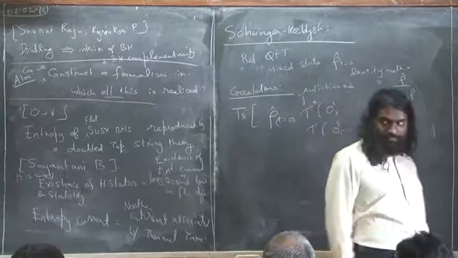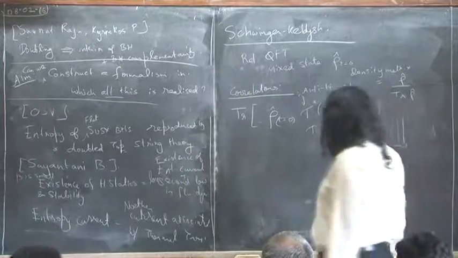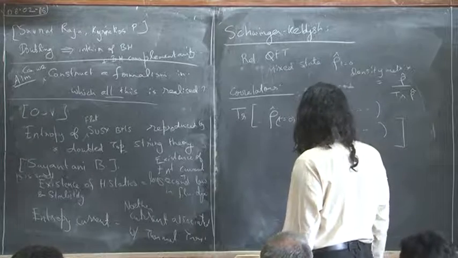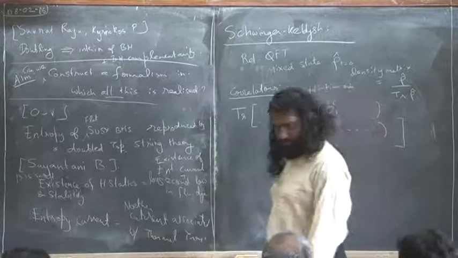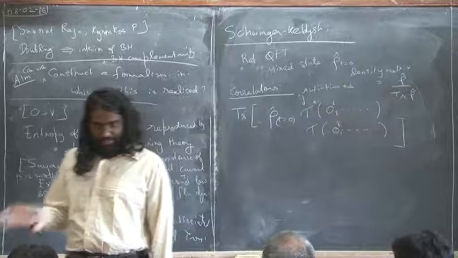All the time ordered operators are to the right of all the anti-time ordered operators, and all the anti-time ordered operators are to the left.